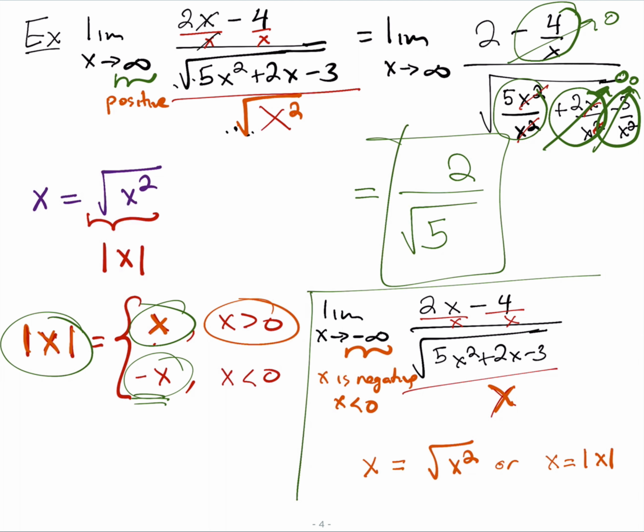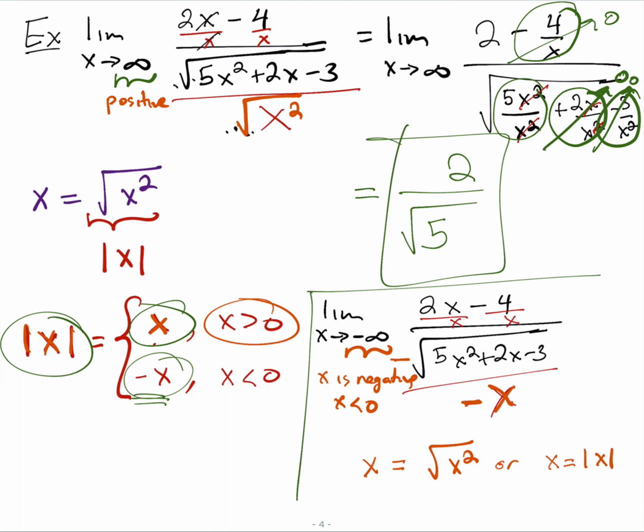Can I say that in its current state? No. Because if x is negative, if x is less than 0, then what is the absolute value of x? Negative x, right? So what do you do? Well, it's not that bad. If I want this x to be a negative x, put a negative in front of it, right? But what else do I have to do? Negative on the radical as well, right? It's basically like multiplying top and bottom by -1.